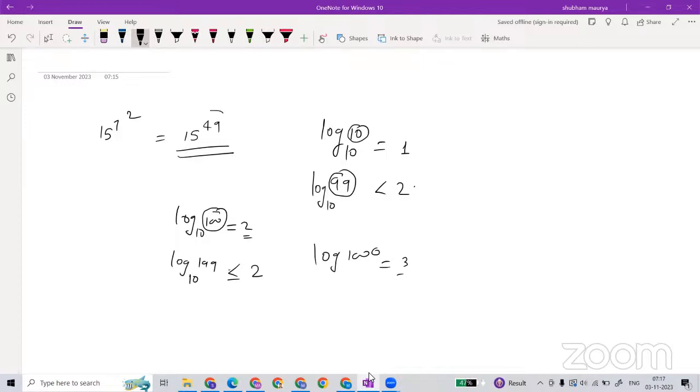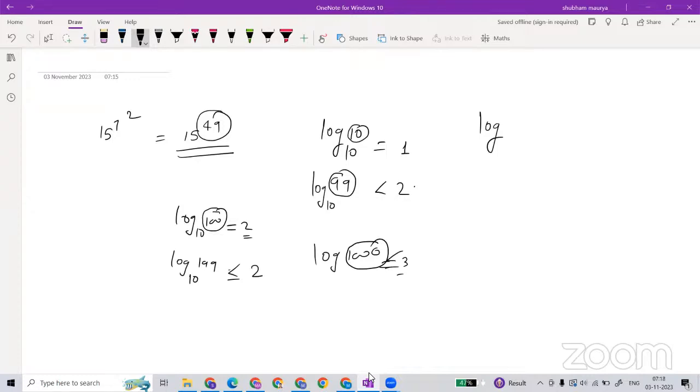So suppose this is 49, and if you take the log, this tells you the digits. If it is 4 digits, then the value is less than or equal to 3.